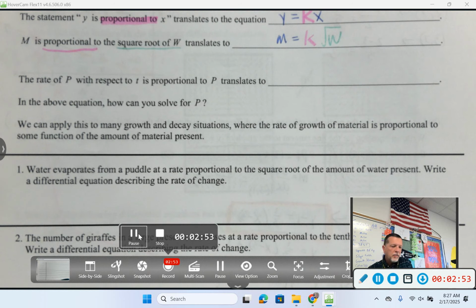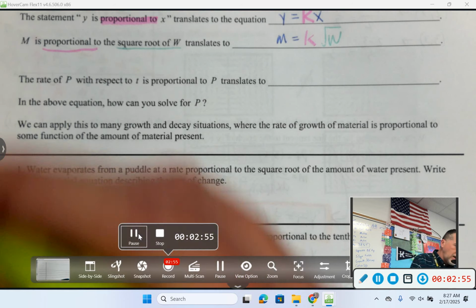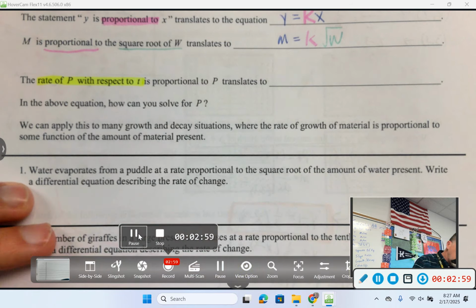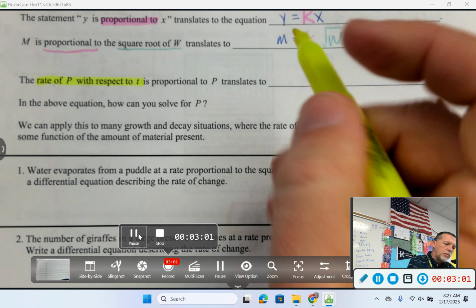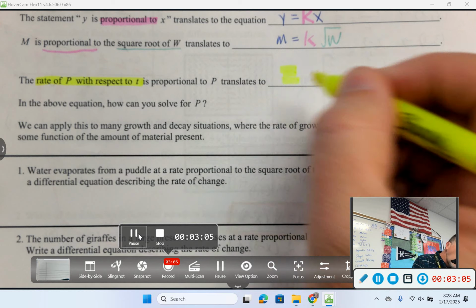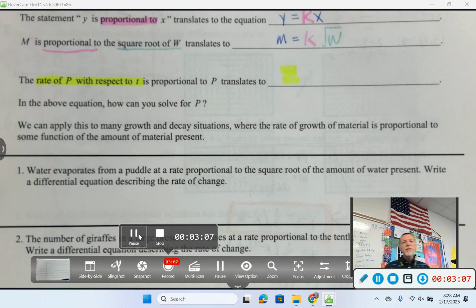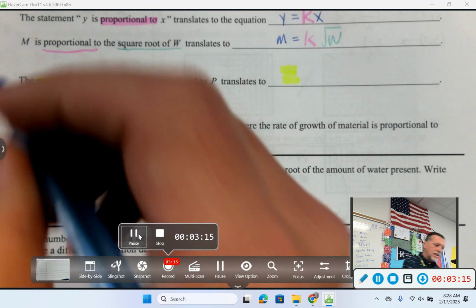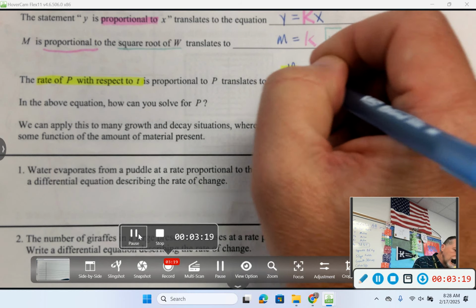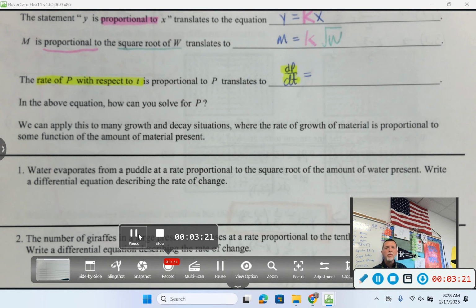Right? The rate of p with respect to t. Do we know what that translates to? Rate of p with respect to t. It's a derivative. dp/dt. That's the rate of p with respect to t.